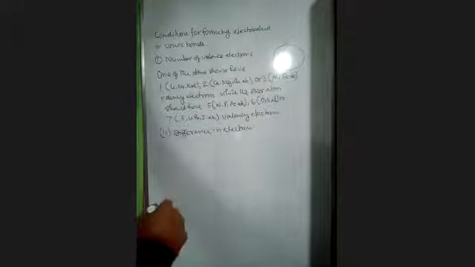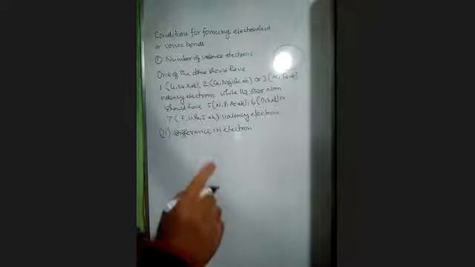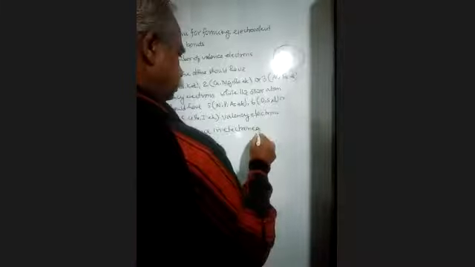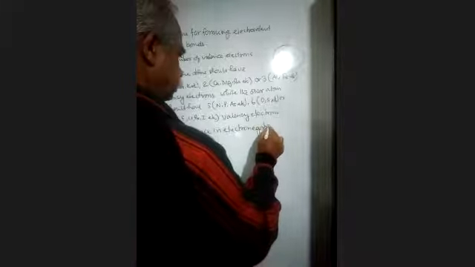Please remember, electrovalent or ionic bonds are formed between highly electropositive elements and highly electronegative elements. I told you, if you learn the periodic table, you have learned half of the chemistry.